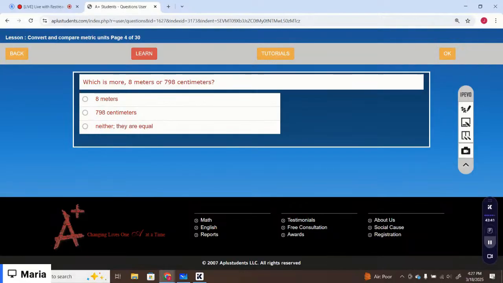So 8 meters is more than 798 centimeters. 8 meters is more.